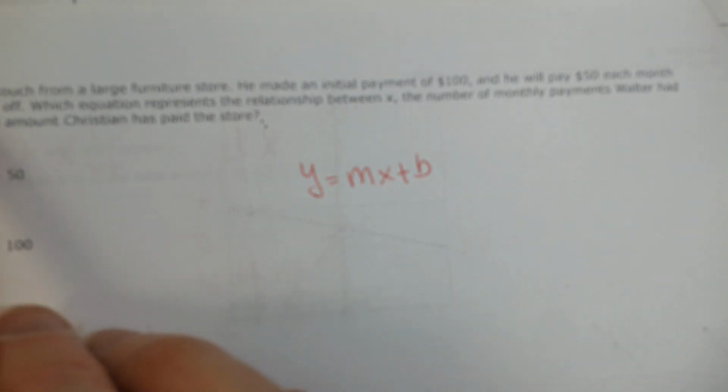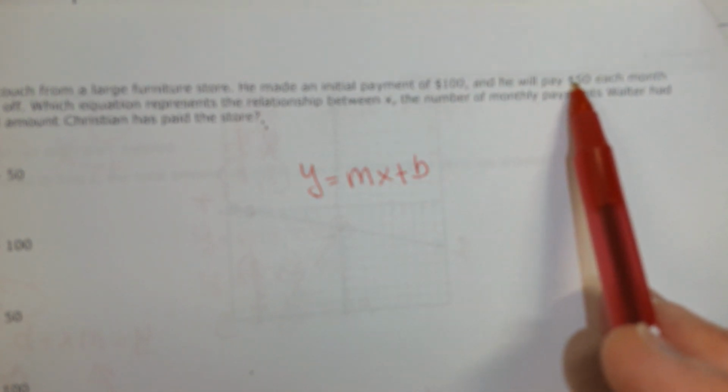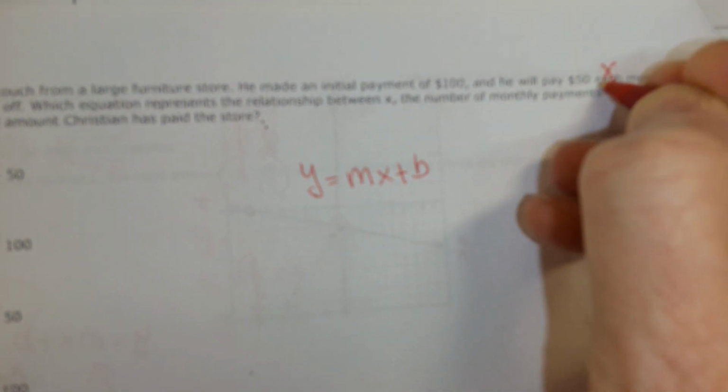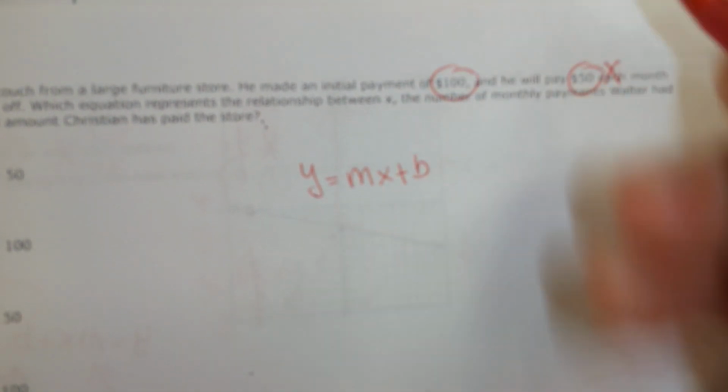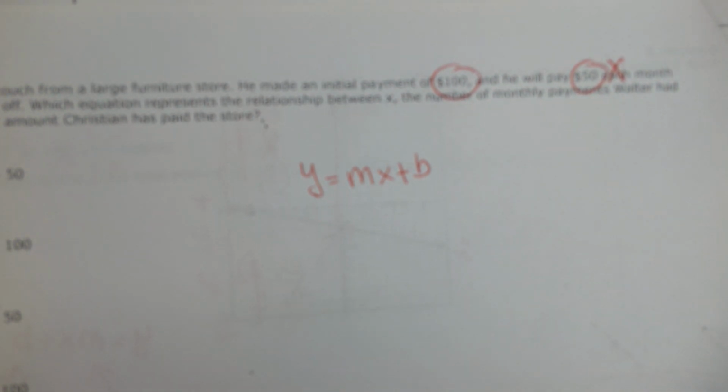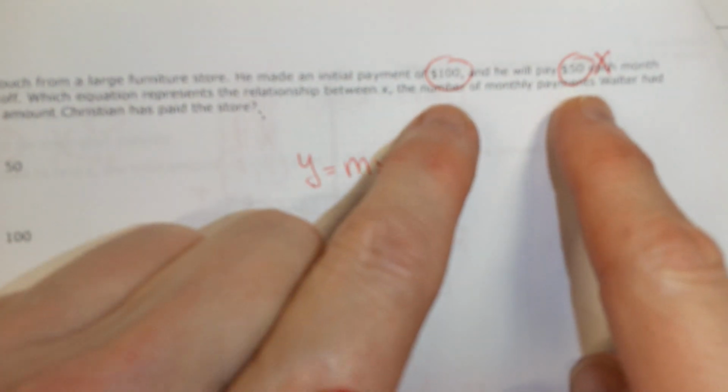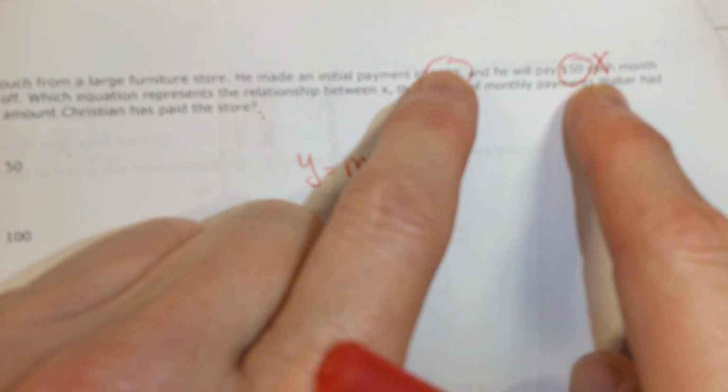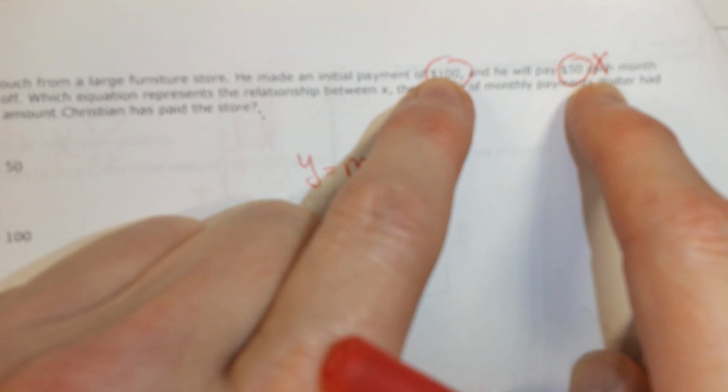What words am I going to put an x over? Per, each, and every. So I'm going to skim along here. There's my each. I'm going to circle my numbers. And I'm going to look for what word between these two numbers means to add or subtract.